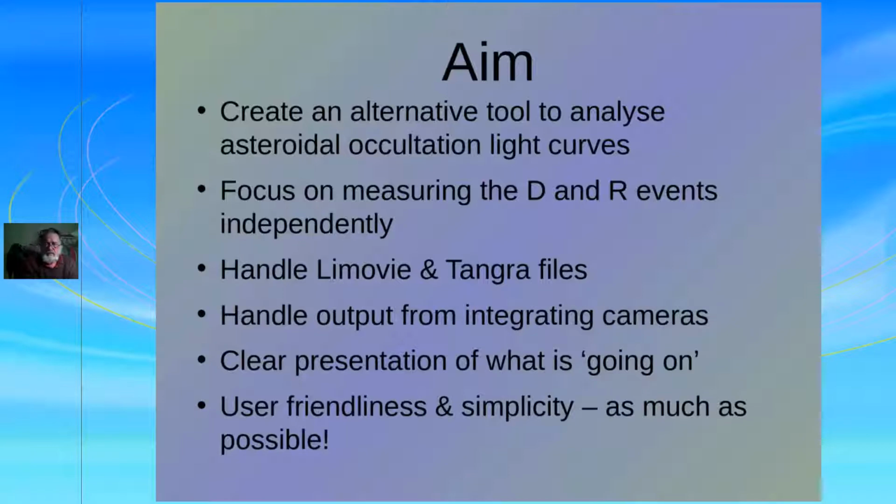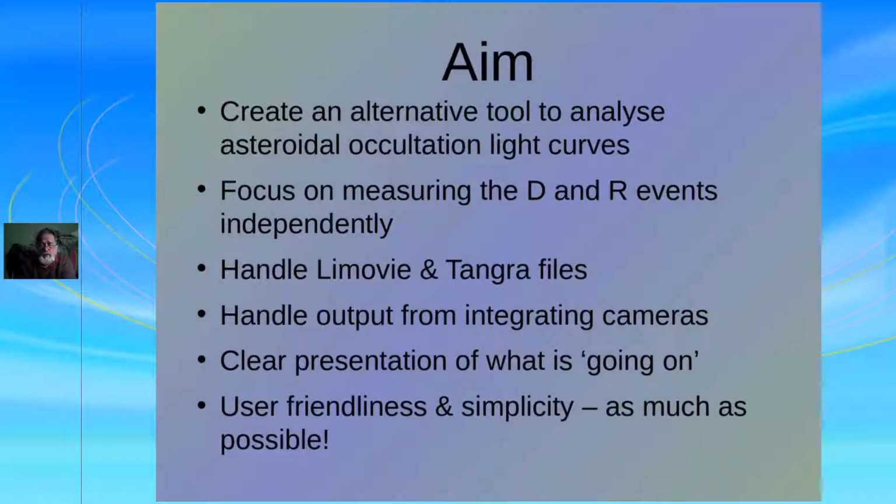My aim with Iota, as I just said, was to create an alternative tool to analyse occultation light curves. A key point for me, following on from the pioneering work of Tony George and Bob Anderson with Ocular, is I want to have a tool which independently measured the D and R events as statistically independent events.